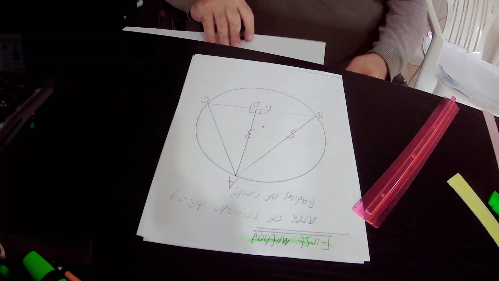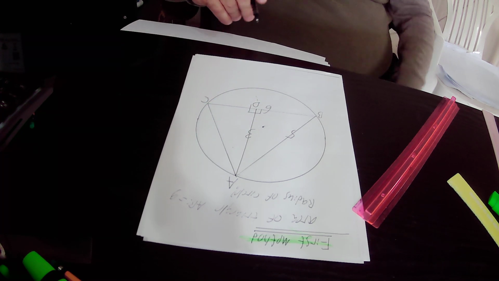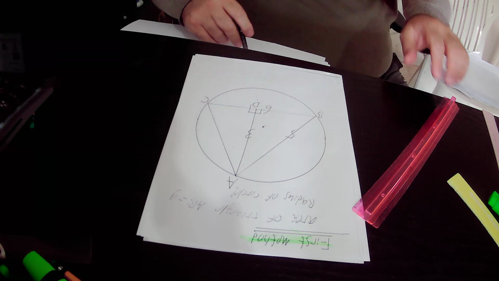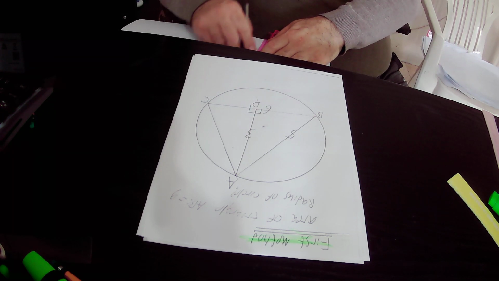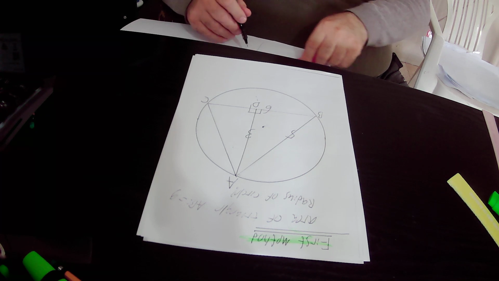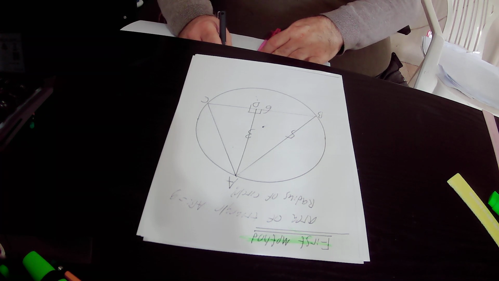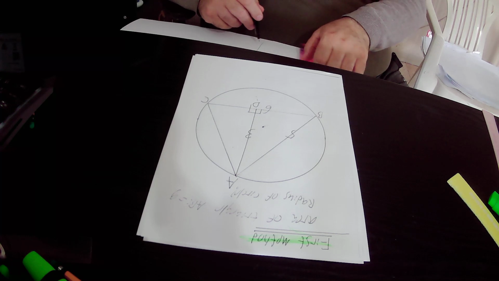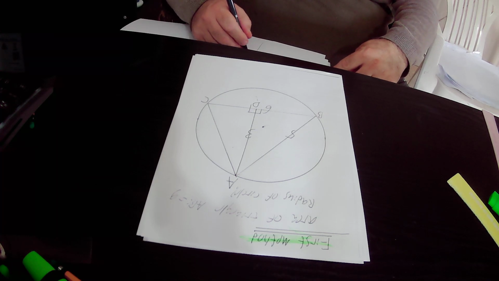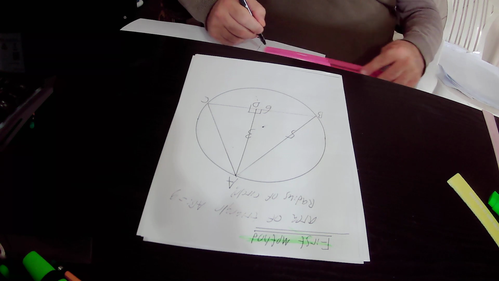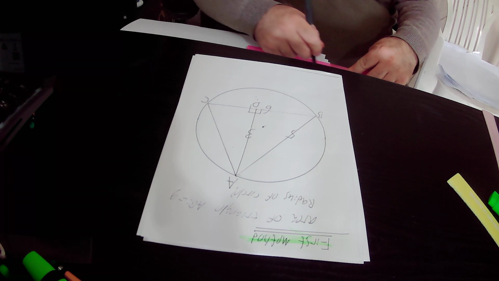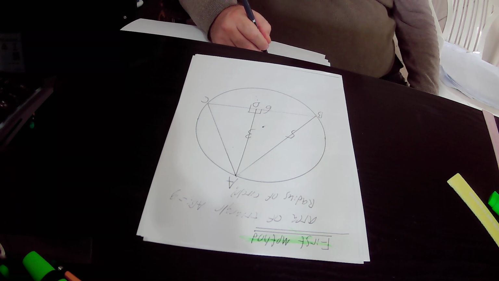In the next step, we will focus on the right triangle ADB. On the right triangle ADB, by PT, the Pythagoras theorem, the square of the hypotenuse equals the sum of the squares of the perpendiculars.